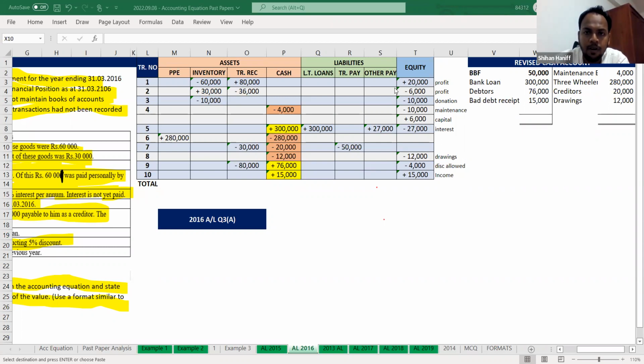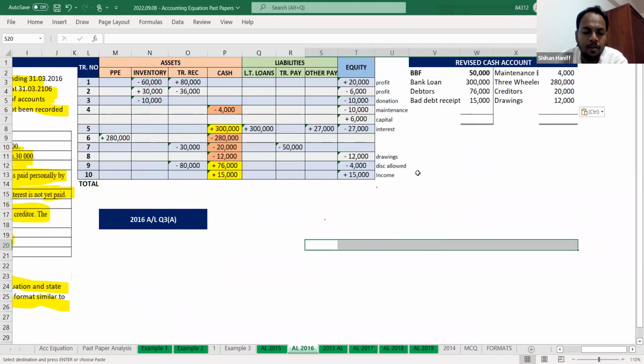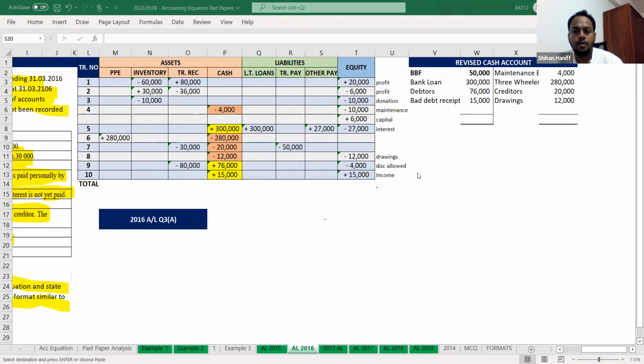Balance brought forward is from the question. It is given in the question. Balance brought forward, yeah, 50,000. There only I took the balance. Closing balance is 125,000.